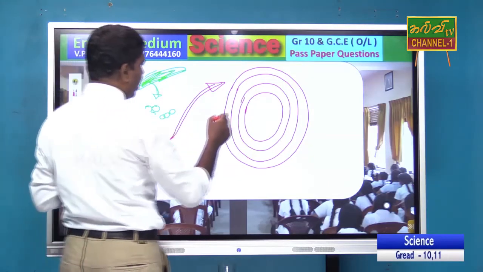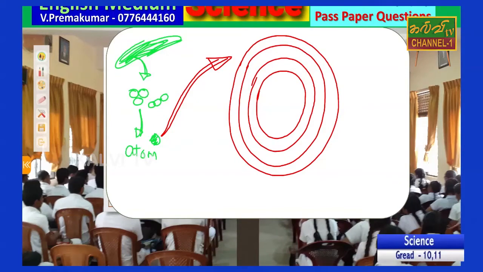Subatomic particles, for example, if it is a sodium atom, it has 23 and 11. That means 11 indicates the number of protons, and 23 indicates the number of protons plus neutrons.